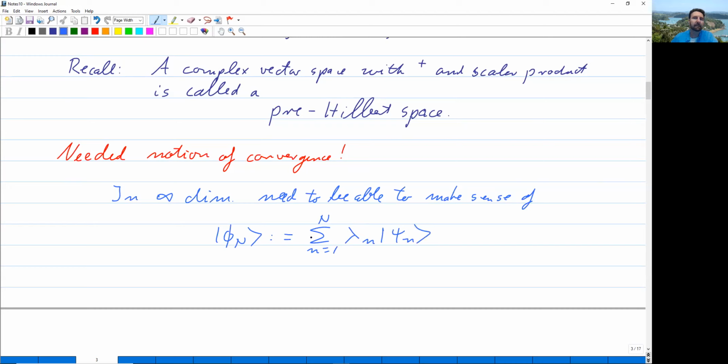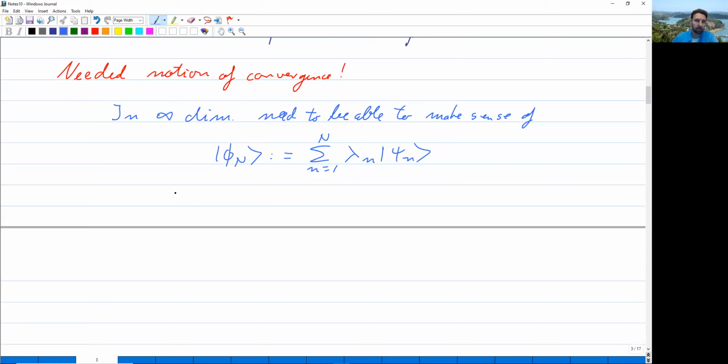So all we're doing here is something that you've seen in linear algebra all the time. We're just summing up some arbitrary vectors psi n with some coefficients lambda n, and we're going to get another vector in that vector space. That's fine. But what is then the limit for N going to infinity of phi N, if it exists?